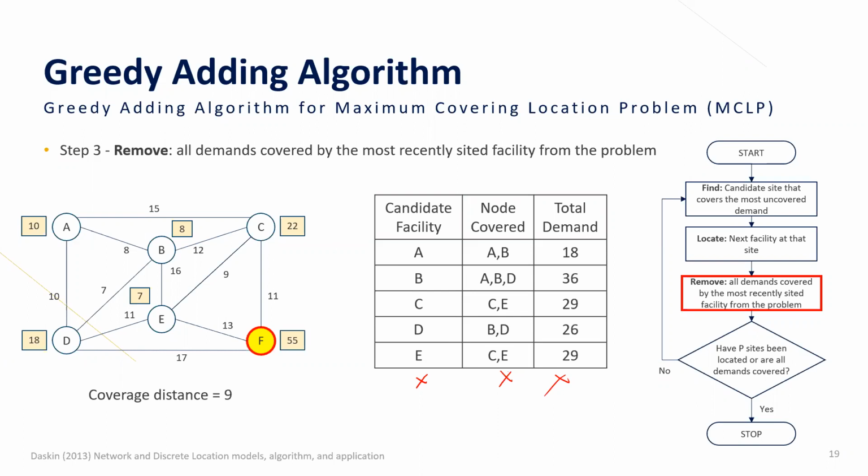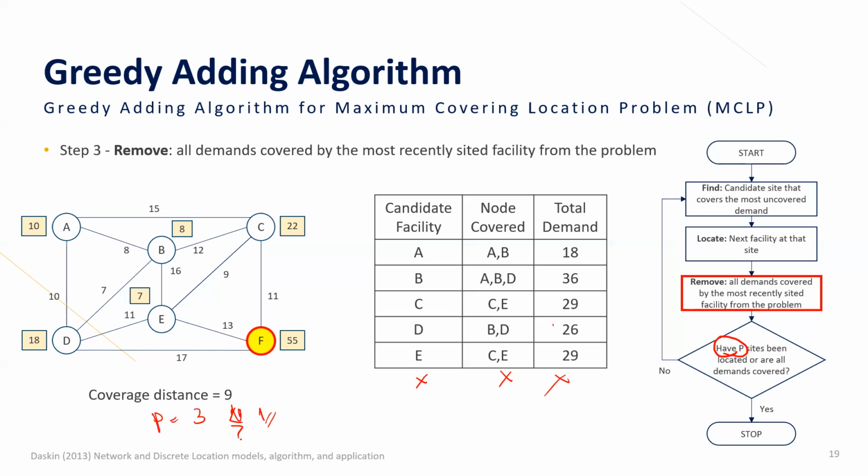Okay, you should ask, according to these algorithms, can I open more facility? How many facility you have? P equals to 3. You open only 1 now, right? So you can still open 2 more facility, right?